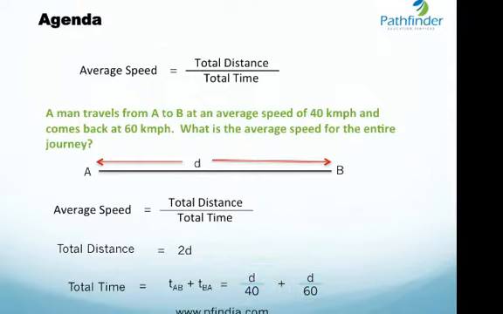We will have time is equal to distance upon speed. So over the segment A to B, we have traveled at a speed of 40. Therefore, the time A to B is d by 40 plus over the segment B to A, that is the return journey, the man has traveled at a speed of 60. Therefore, the time will be d by 60.